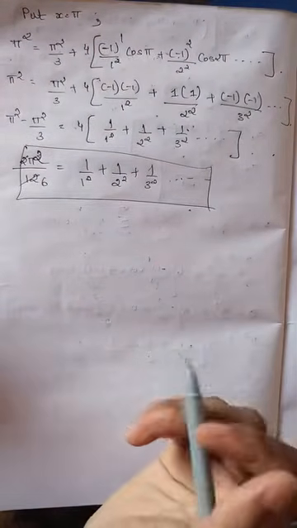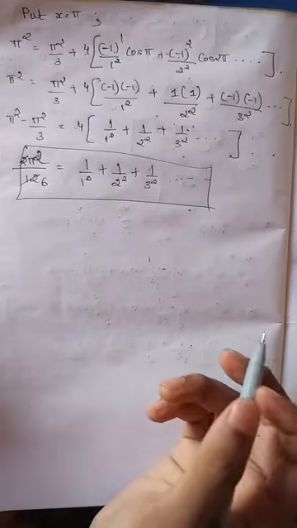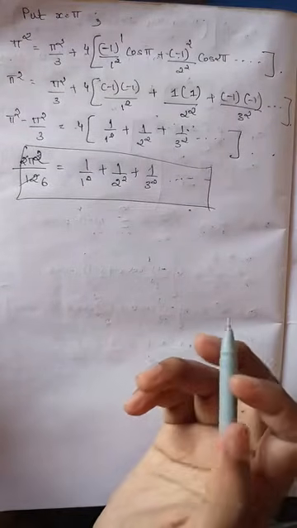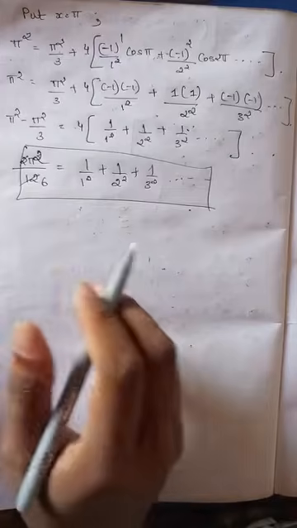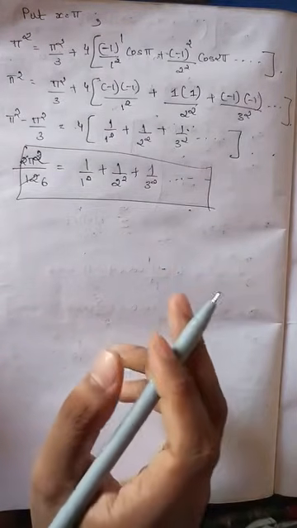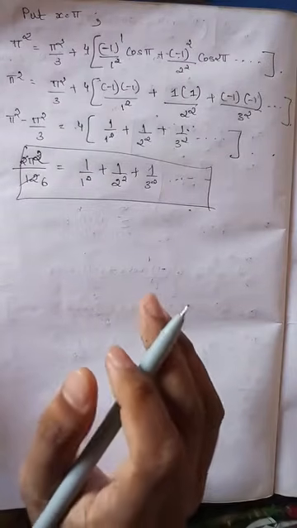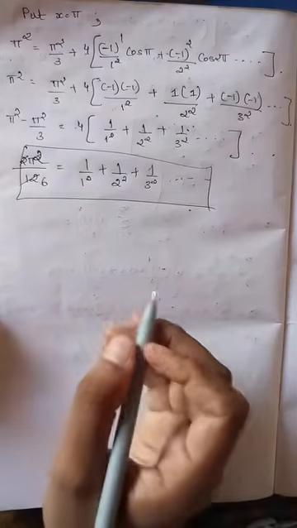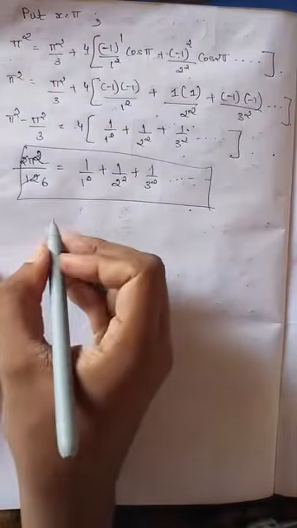In the third proof, as I said, we can either put x equal to minus pi, or we can add the two previous proofs that we have proved. If we put x equal to minus pi, we'll get the answer, but that takes a bit long. So now let's directly add these two proofs that we have done.